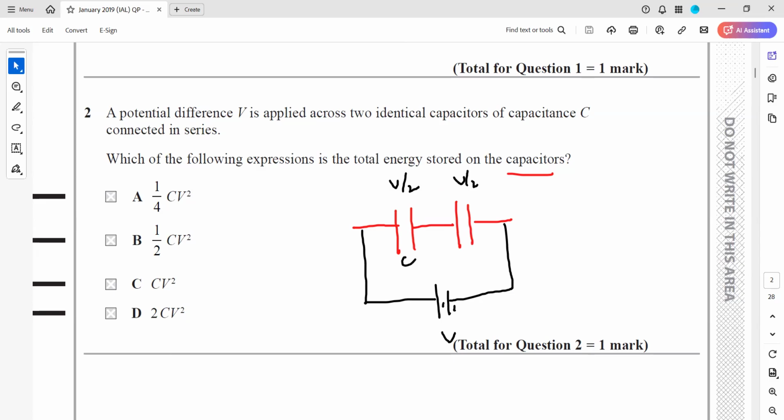The capacitors are identical, so let's say each has a capacitance of C. The energy stored in a capacitor has different formulas: half QV, or half CV square, or half Q square over C, because Q equals CV.